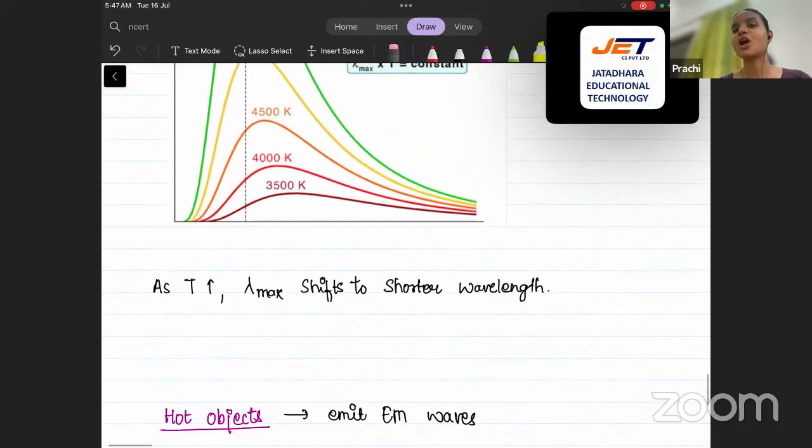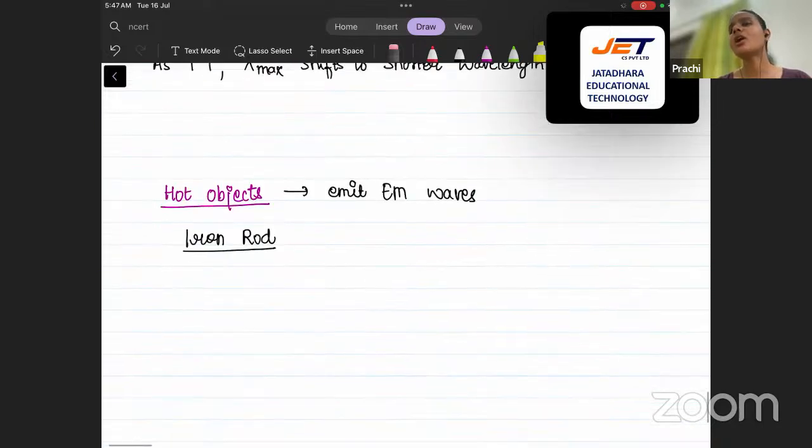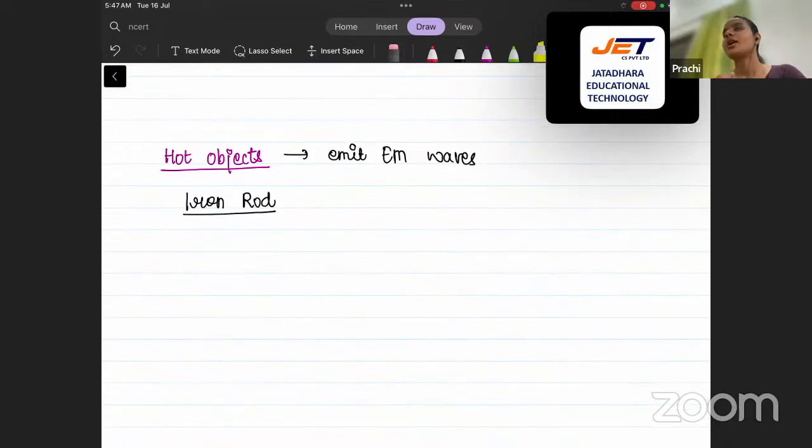Yes. So here we will start with the heating of objects. I'll tell you what happens when we heat an iron rod, right? You might have seen it.